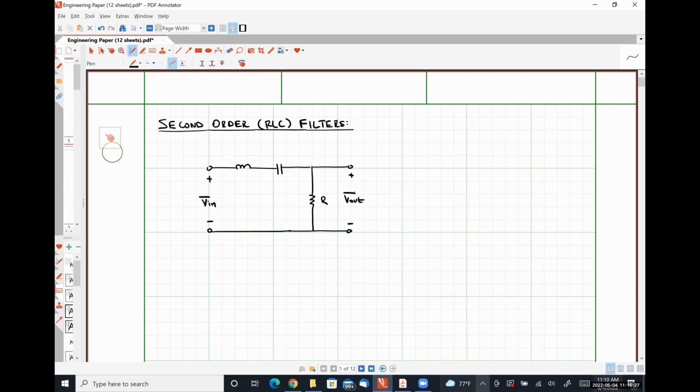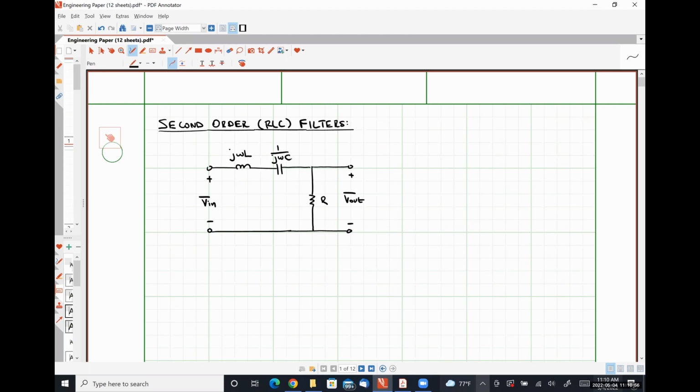And since we're looking at things in the frequency domain, our inductor looks like J omega L, and our capacitor looks like 1 over J omega C. So what should our transfer function be here? Well, since we're taking the output voltage as the voltage drop over the resistor, it should just be the resistor divided by that series combination.